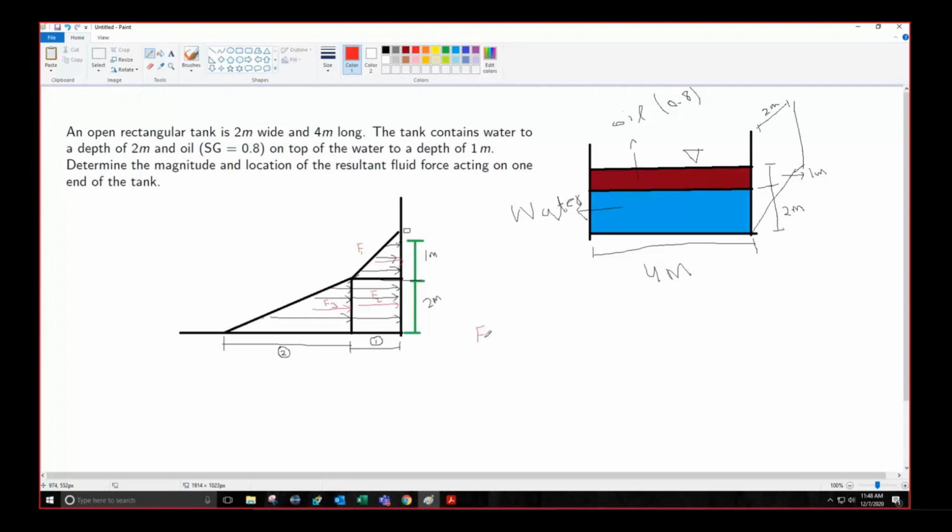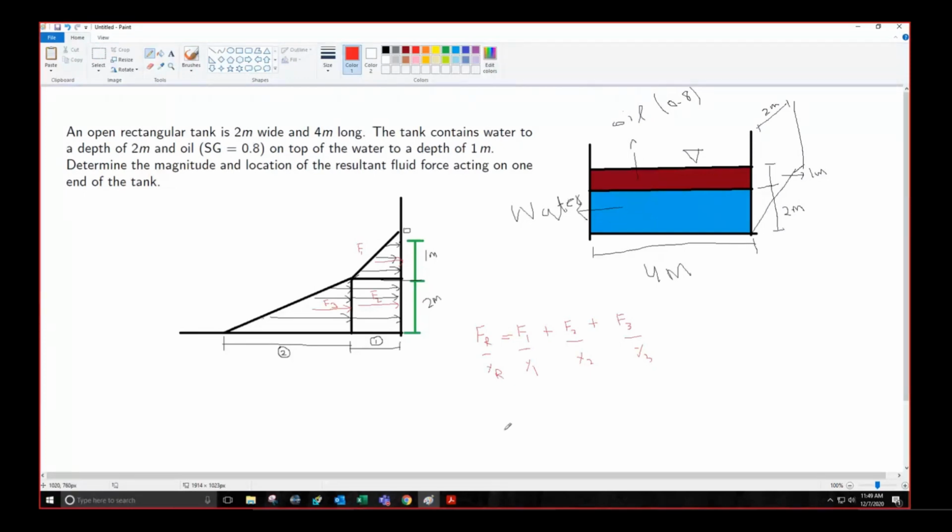Fr would be equal to F1 plus F2 plus F3. So we are interested in calculating the location of FR and the FR itself. For that, we need to calculate F1, F2, F3 and its location, Y1, Y2 and Y3. Okay.